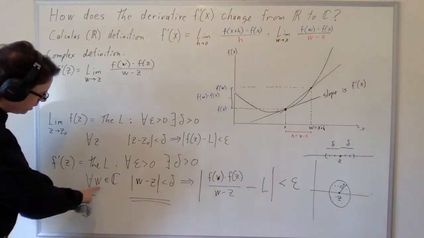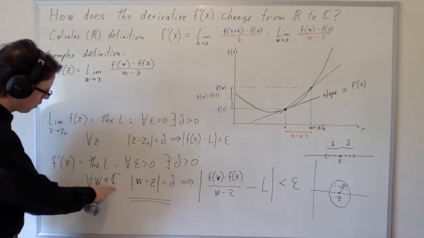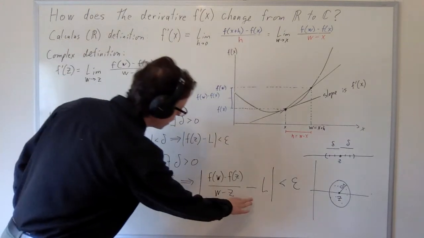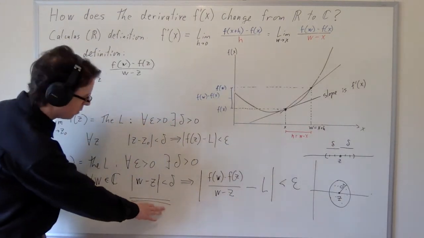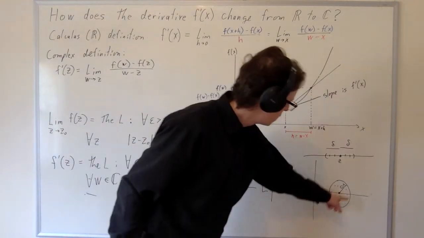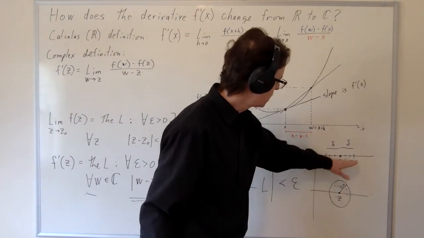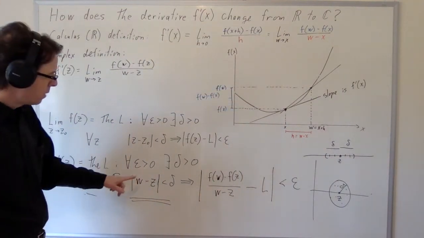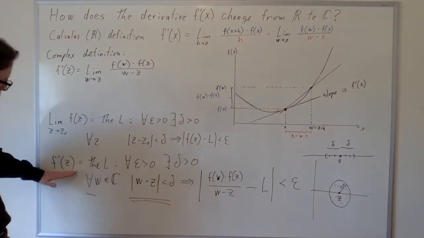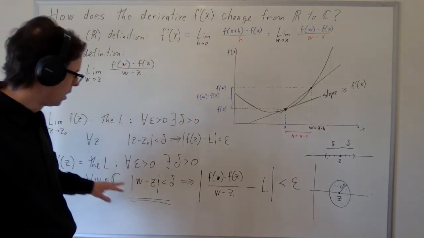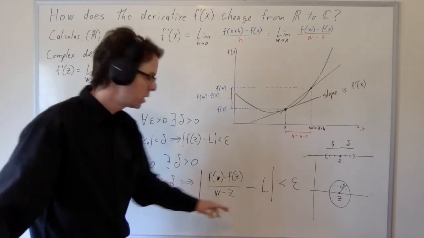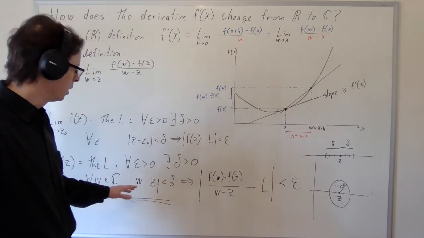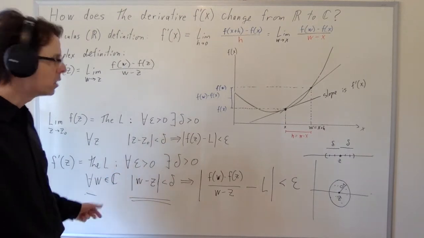Well, by broadening this range of values of W in the quantifier for all W, what we've done is we've required this condition for far more W than before. All of the W in this two-dimensional set instead of the W's in this one-dimensional interval. That means that for this derivative to exist and equal L, this condition must be true a lot more broadly, for many more W than would be required in the real case.